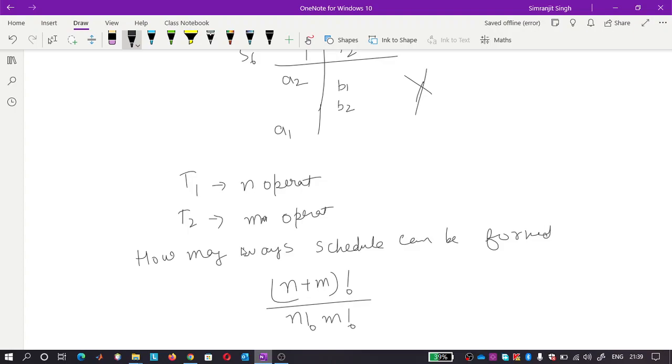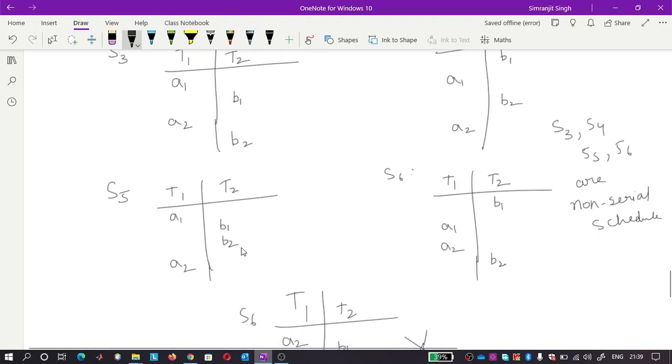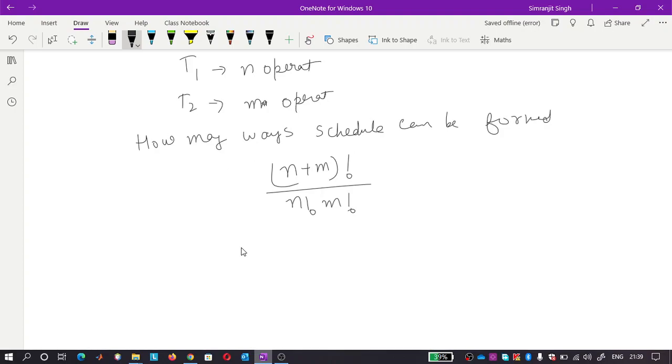In our case, if you see the previous question, there are two transactions. T1 has two operations and T2 also has two operations. So the value of n is 2 and the value of m is also 2. I write (2 plus 2) factorial over 2 factorial times 2 factorial.